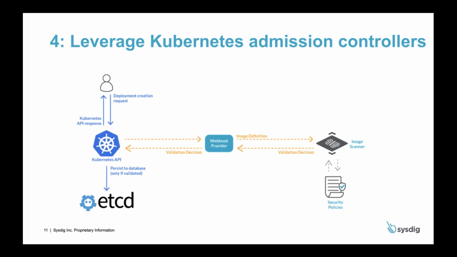Admission controllers you can also use for things outside of scanning to verify users or permissions on the pod as well. So I'm seeing a lot of interest in admission controllers with our customers, as well as integrating with other open source tools like OPA on that side.